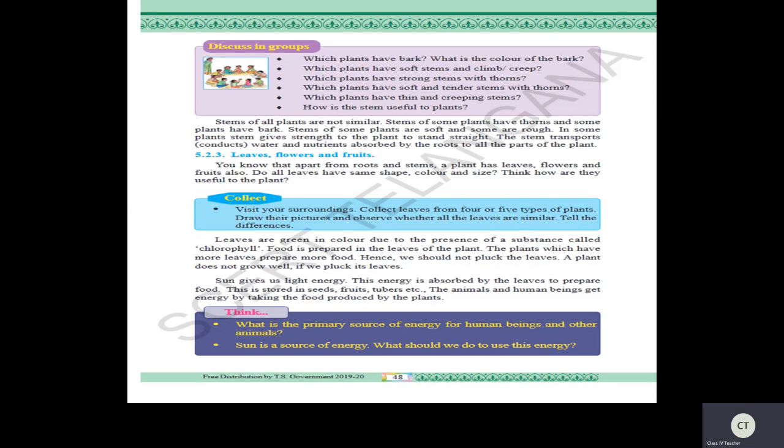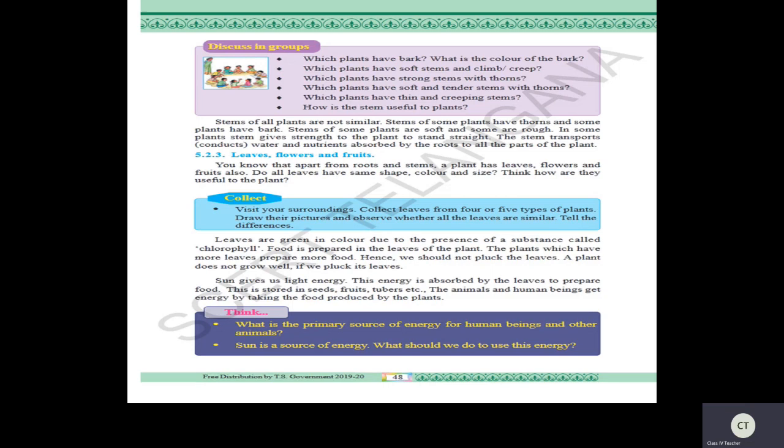No. Mango leaves are different, and banana leaves are very big. Coconut leaves are very big. So leaf size also varies from plant to plant. You should know this, right children? So what have we learned today? Leaves have different shapes, colors and sizes, right?